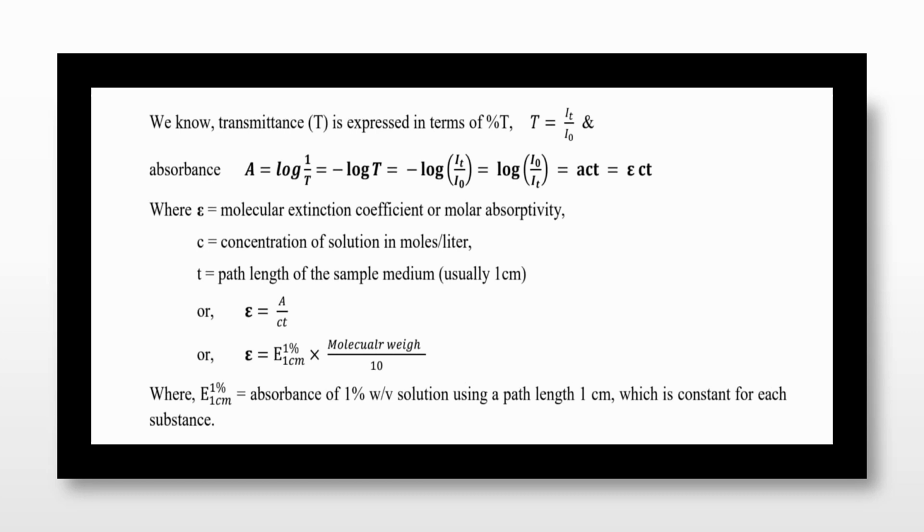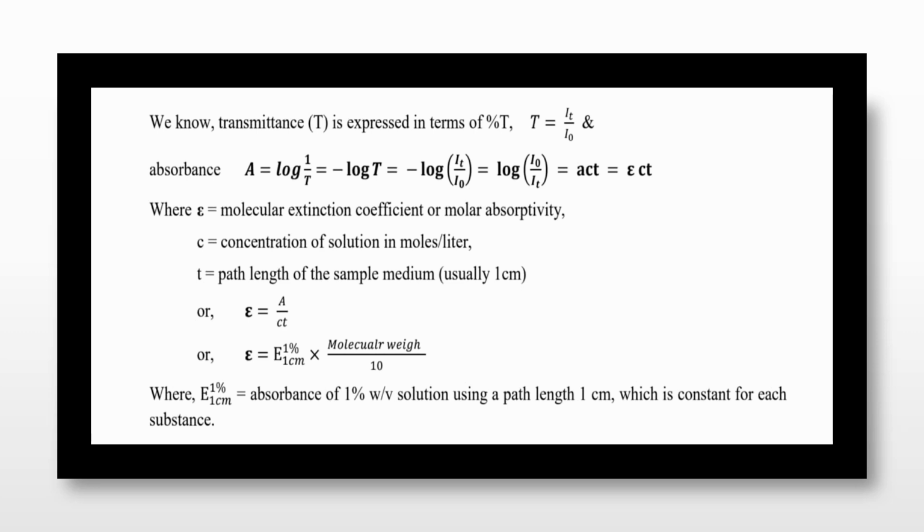We already know what exactly transmittance is. I've already explained in a previous slide that transmittance is expressed in terms of percentage, that is T is equal to It by I0, and absorbance, that is A, is equal to log 1 by T, which can also be written as minus log T. So substituting the transmittance formula, we get log I0 by It is equal to act is equal to ECT.